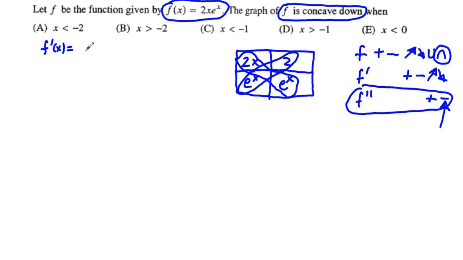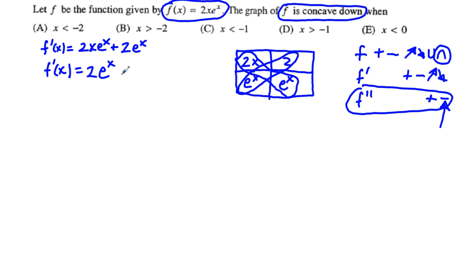And so f prime of x is equal to 2x times e to the x plus 2 e to the x power. And then simplifying, f prime of x is equal to our common factor, which is going to be 2 e to the x.